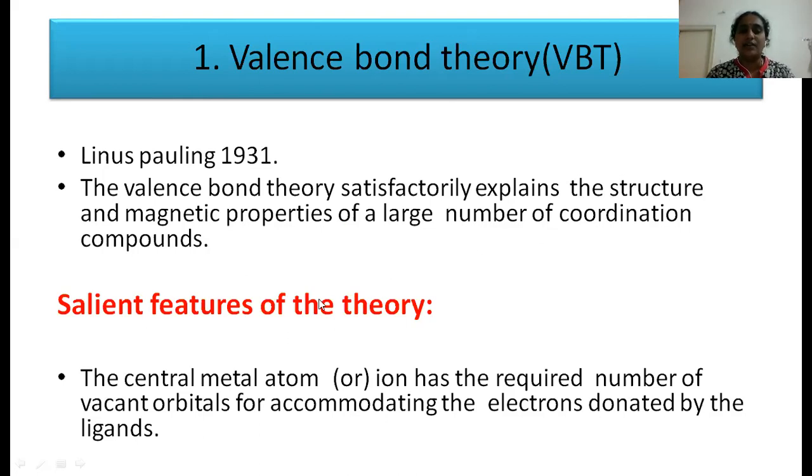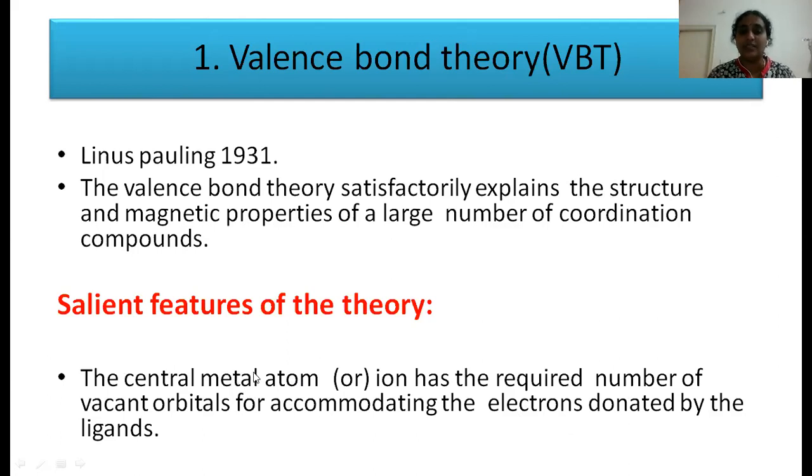Coming to the salient features of this theory, the central metal atom or ion has the required number of vacant orbitals for accommodating the electrons donated by the ligand. Because in the formation of coordination compounds, both metals and ligands are involved. Almost all the d block elements form coordination complexes.